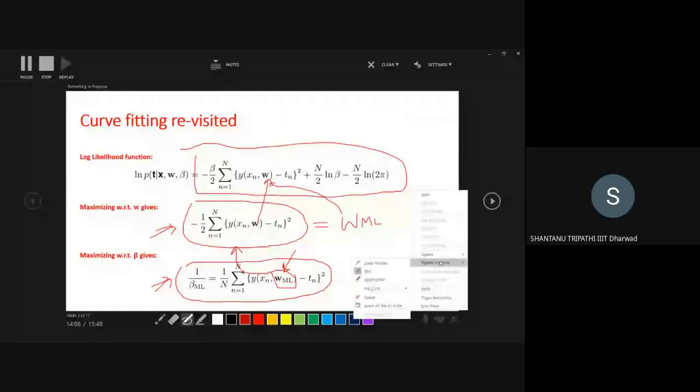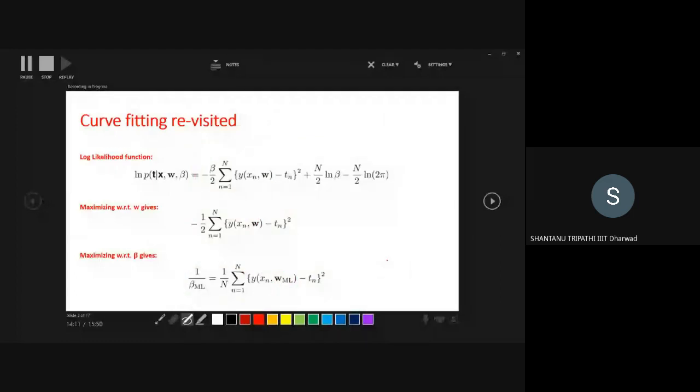Sir, are we concluding anything about overfitting here? Yes, we are concluding something regarding overfitting. In the last lectures we concluded that minimizing the sum of square error results in overfitting.